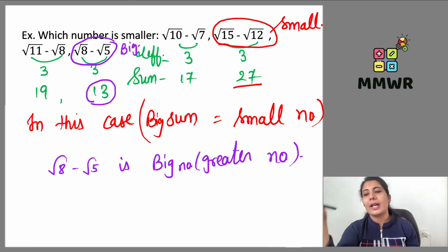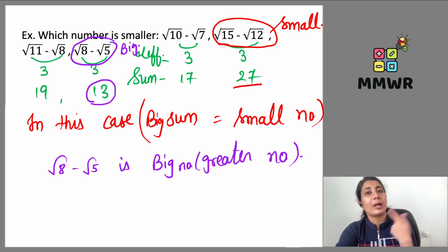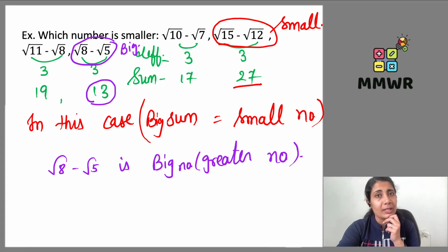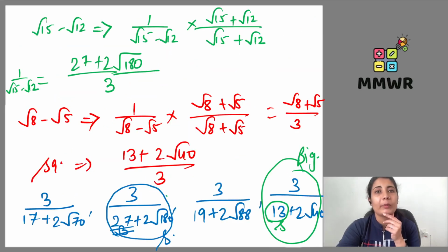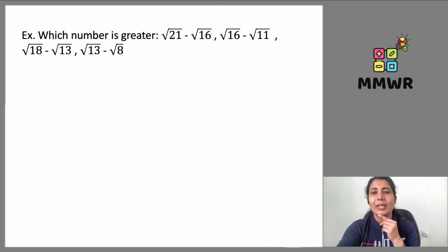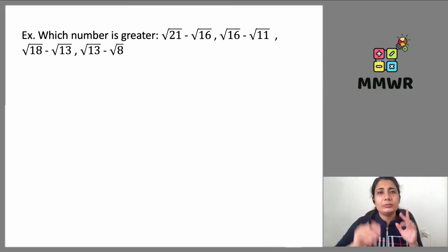Okay, that is why we will be getting 3 upon something something. तो जो भी डिनोमिनेटर छोटा आ रहा है वो बड़ा फ्रैक्शन है. 13 was coming in the denominator, that is why it became the big fraction, and 27 was coming in the denominator, which is a big number, so that is why root 15 minus root 12 is the smaller one among all. Okay, next one.